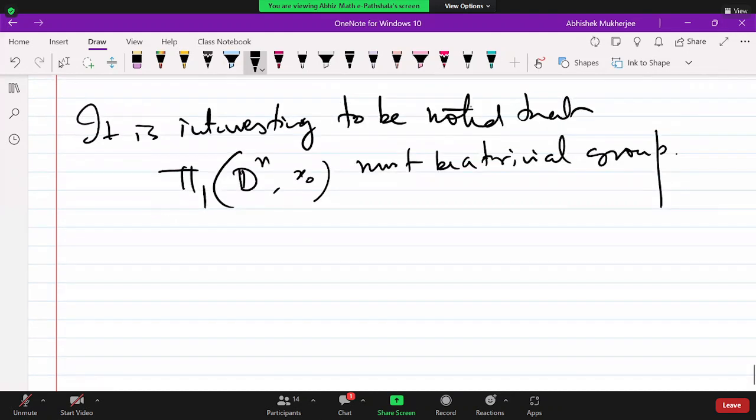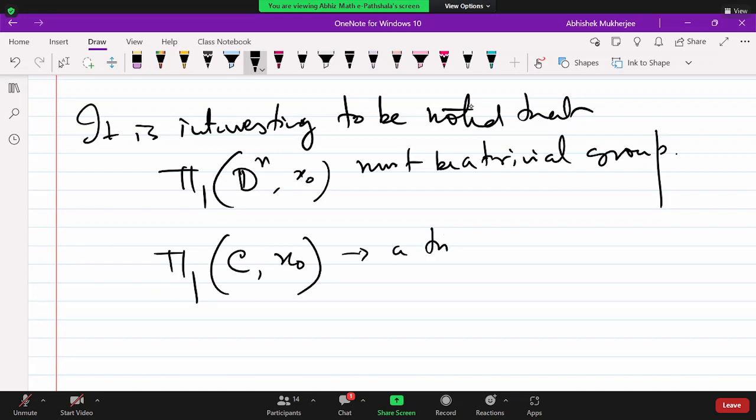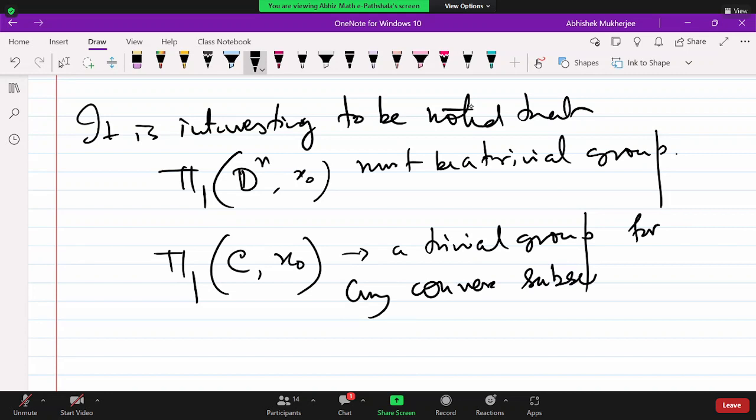Not only that, if you take any convex subspace in Rn, then with respect to some point on that space, the fundamental group will be a trivial group. Okay, so pi 1 of C, x naught, where C is a convex subspace of Rn, will be a trivial group for any convex subset C in Rn.